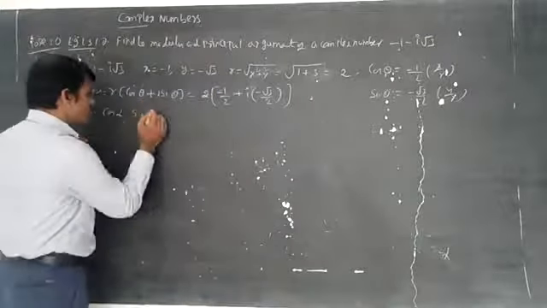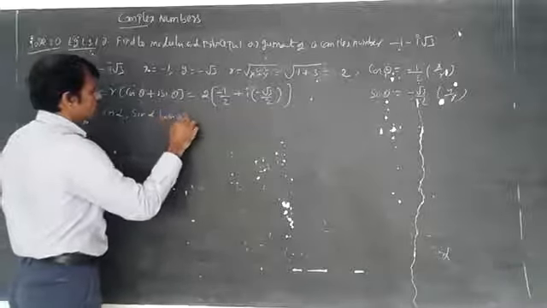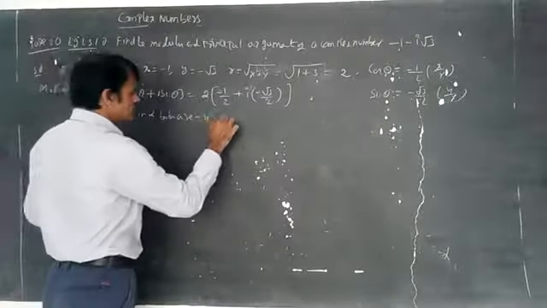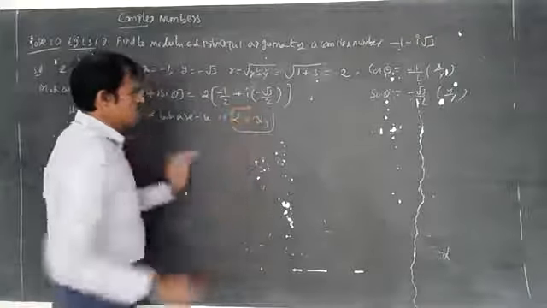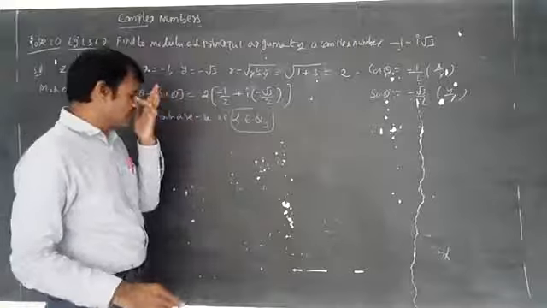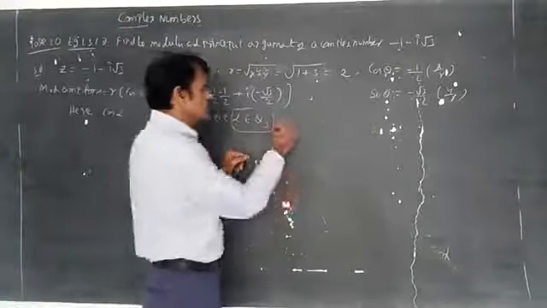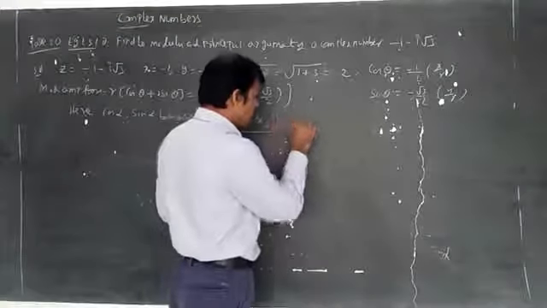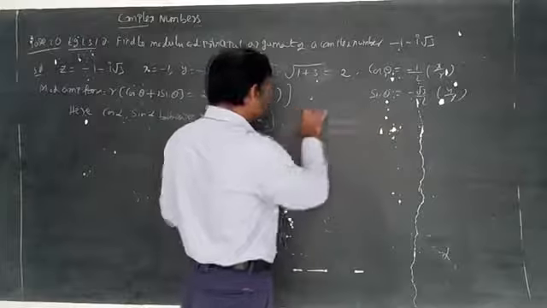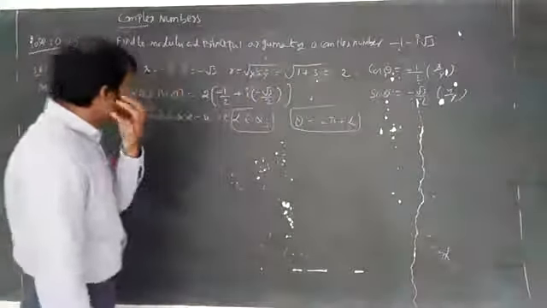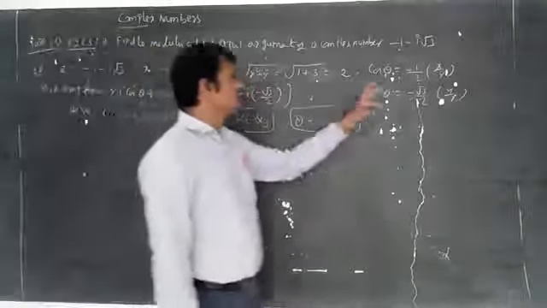Cos alpha comma sin alpha, both are negative. That is, alpha belongs to Q3. Just remember the concept. So whenever alpha belongs to Q3, you need to mention in the formula theta is equal to minus pi plus alpha.